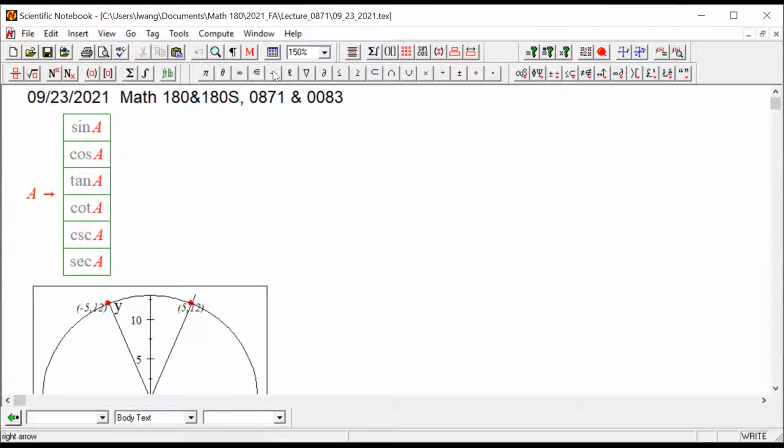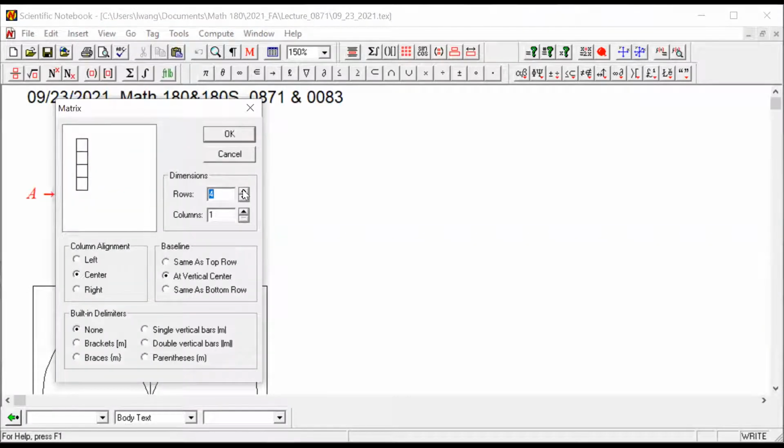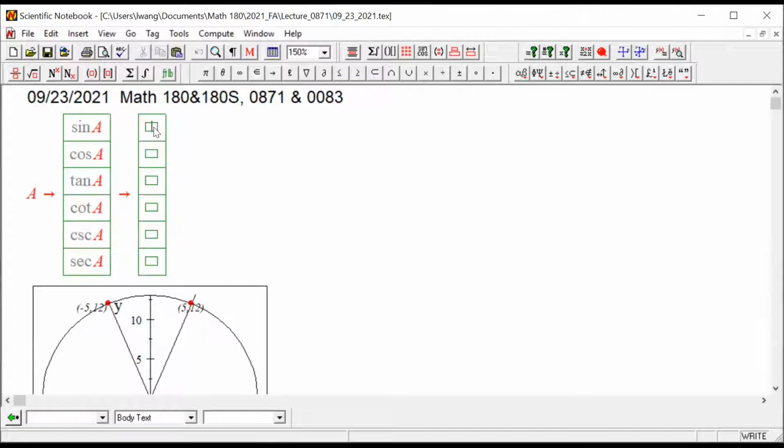And they produce what? They produce output. And what are those outputs? Those outputs are ratios, right? So all of these each have their own rule. We have six rules here. If you recall the definition of function, a function is a rule.